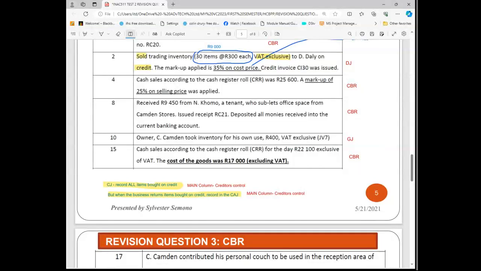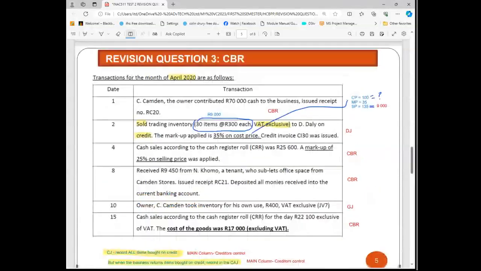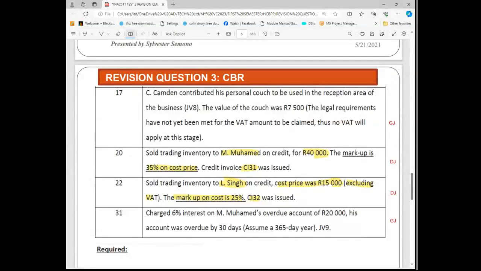Okay, any questions so far? Sir, after our session, should I do what we have done? So I must take a past paper and then do what we have done. I must skip other questions. Let's say the exam paper for 2023, and there is the accounting equation and journals.